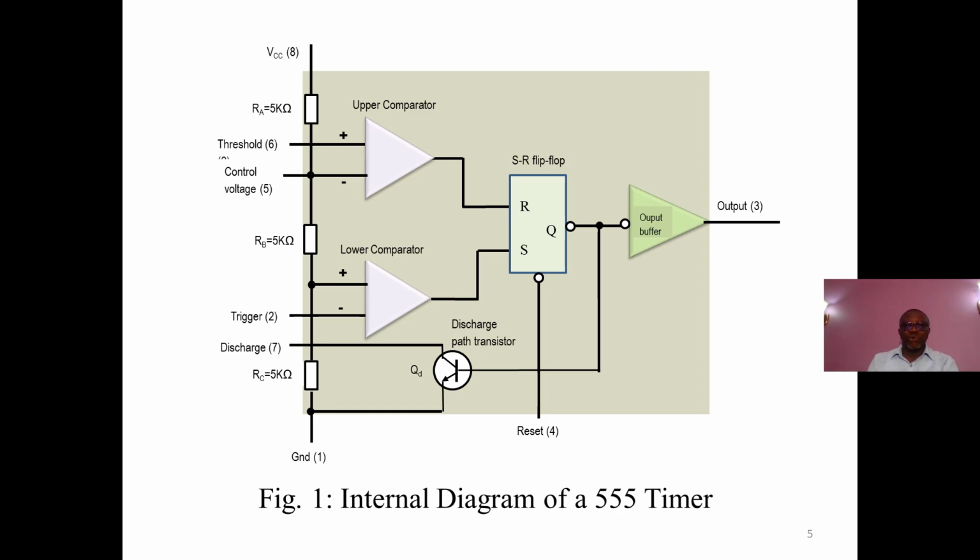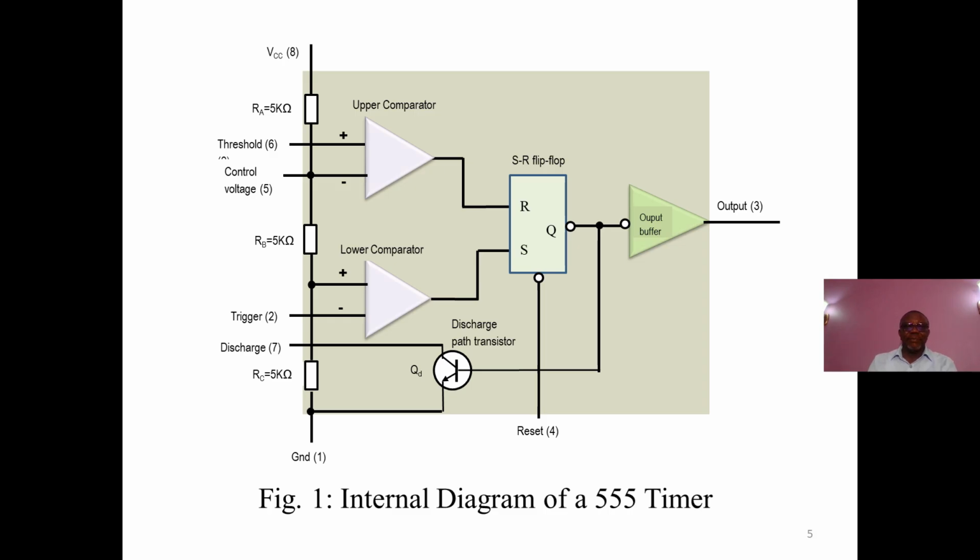You will see two comparators, the upper and the lower comparator. You will see a discharge transistor. You will now see the SR flip-flop. You will see the output buffer.